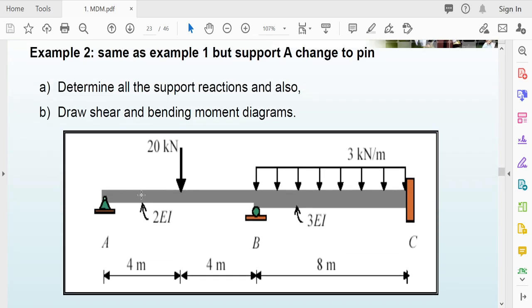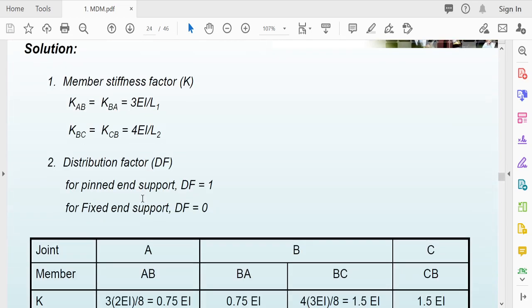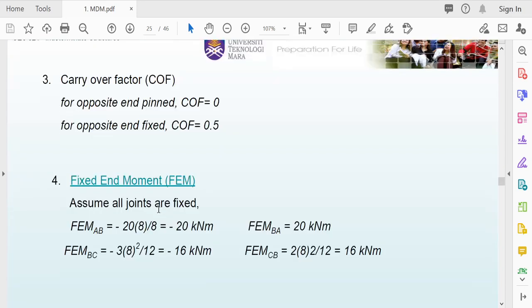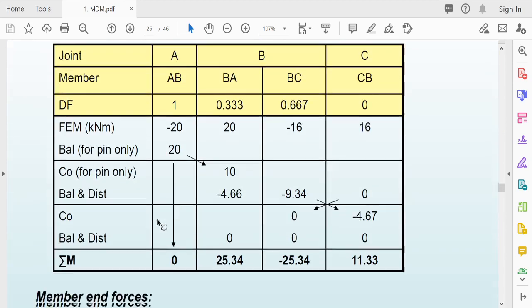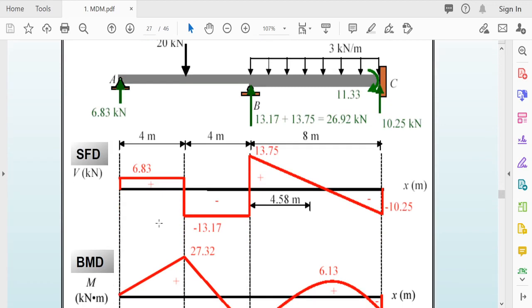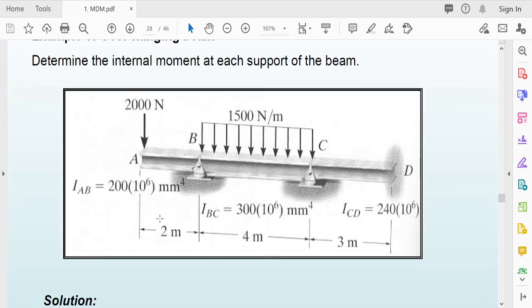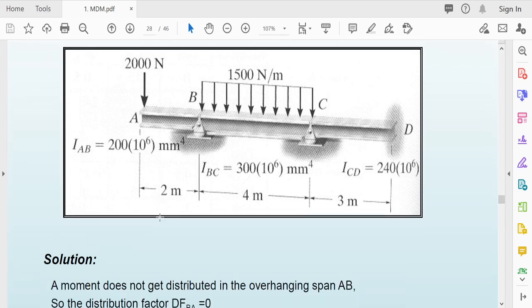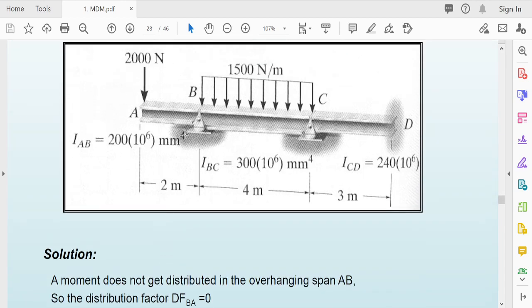Let's see whether this one has the question for support settlement or not. The diagram shows the internal moment, meaning fixed member end moment, and this one is the end cantilever. For beam analysis, we have to know the 3 conditions.